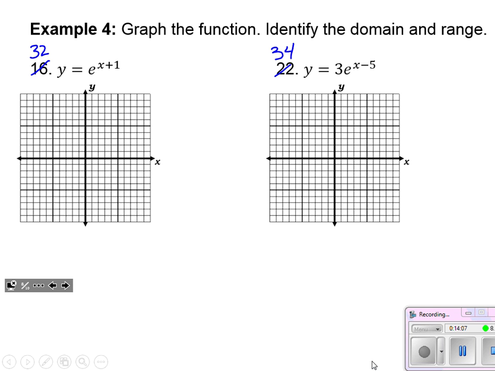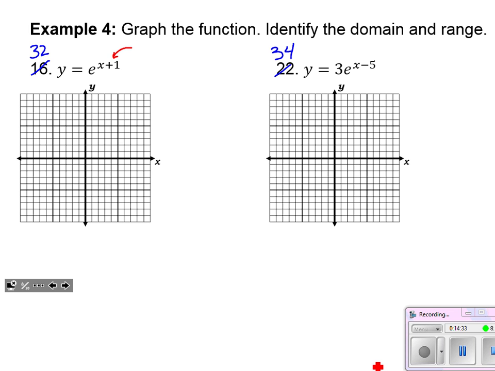And let's just graph these, and let's see if we can make some predictions first, because we spent a lot of time this year talking about transformations of functions, and we've already alluded to what's going to happen with regards to our horizontal asymptote in these exponential functions. So in looking at this, I notice that I'm going to have a typical e to the x function, except now, in with the x, I'm adding 1.